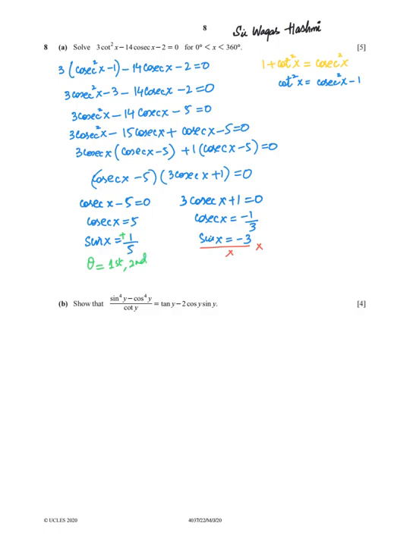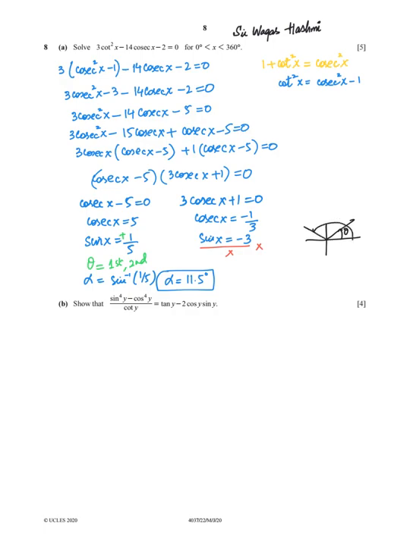Alright, so now alpha equals sine inverse of 1 upon 5, and when you find the sine inverse you will get the value of alpha, that is 11.5 degrees. So that is your alpha, and now you need to find the value of theta. As we had discussed, sine is positive, that means we have theta in the first quadrant, this one, and in the second quadrant.